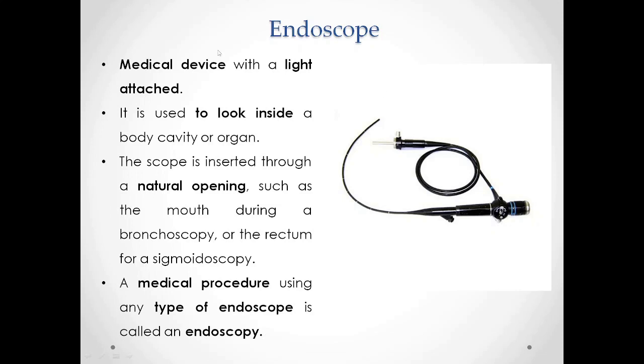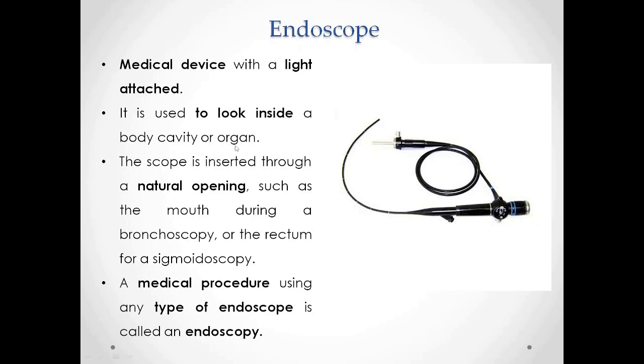You all know, or you might have heard, what an endoscope is because some of your relatives or your friends would have undergone an endoscopy for some difficulties. So, the picture shows an endoscope. This is a medical device which has a light attached, and it is used to look inside your body, because the medical physician or the practitioner can look only from external view.